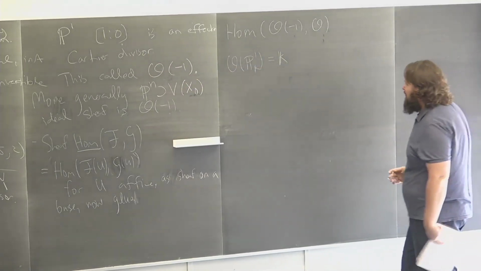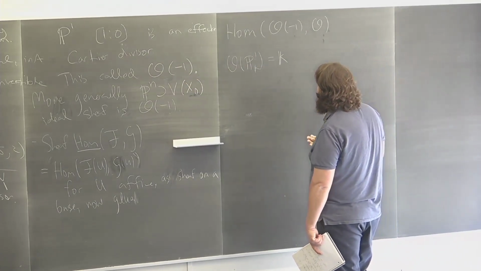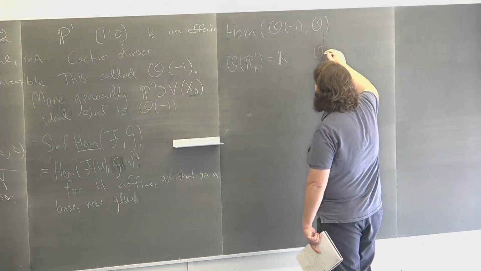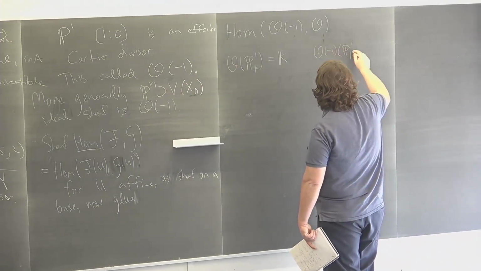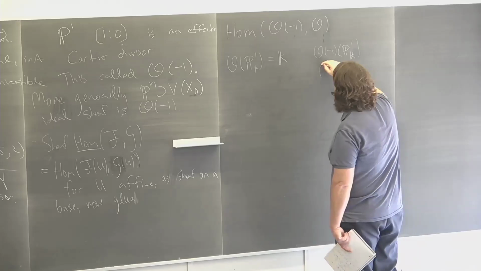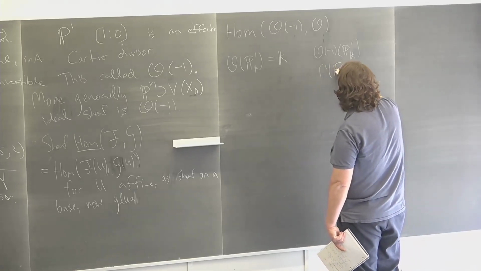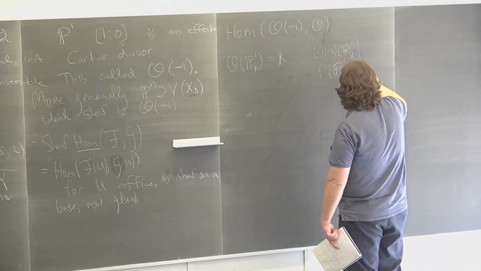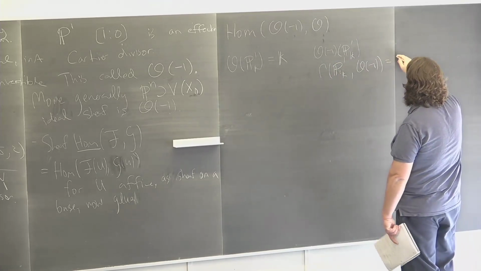Constant functions are not in the ideal, since your vanishing set is empty. So if I took O of -1 on P1 over K, now you start to see why people write gamma of P1, O of -1. And that's just 0.